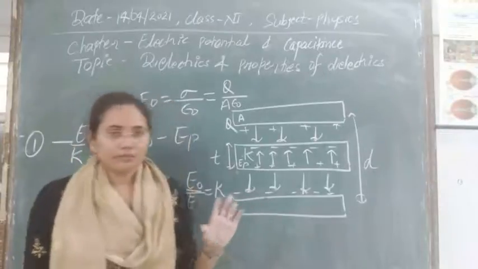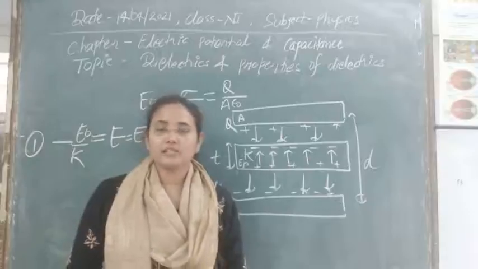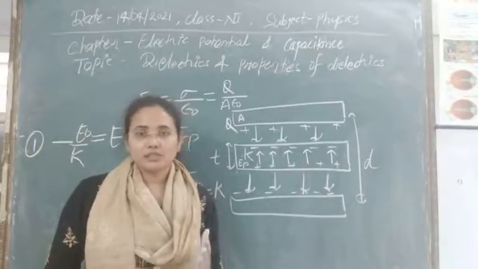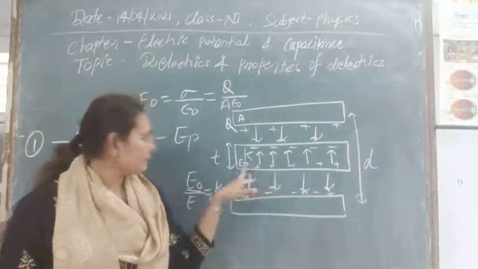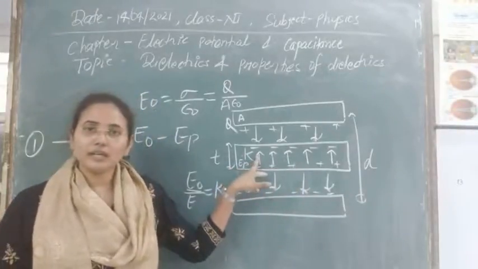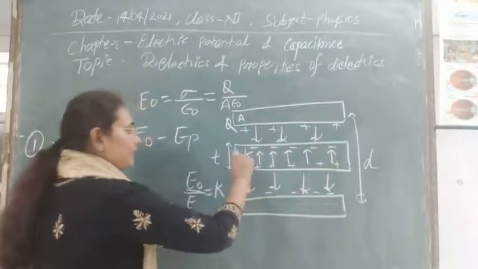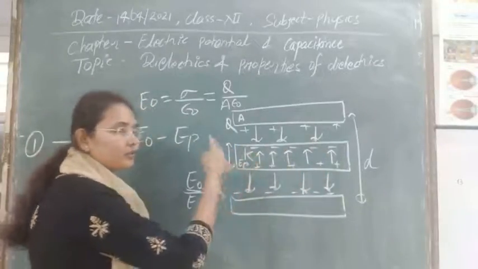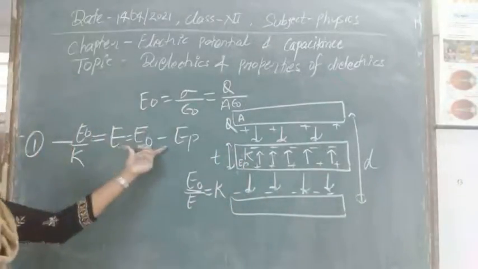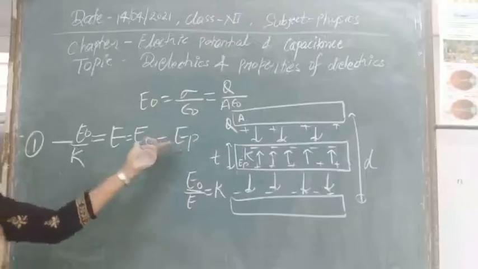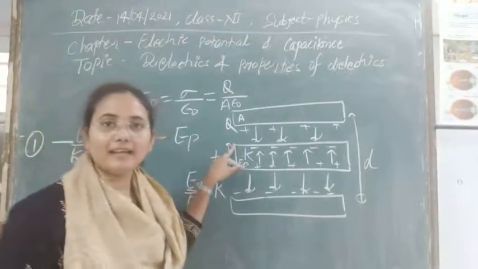In the region where the dielectric medium is present, there will be polarization and an induced electric field, and its direction is opposite to the electric field. So suppose E0 is the electric field present here, and EP is the electric field trying to reduce its value. The reduced electric field is E0 minus EP, and it is effective only in the region of the dielectric slab.